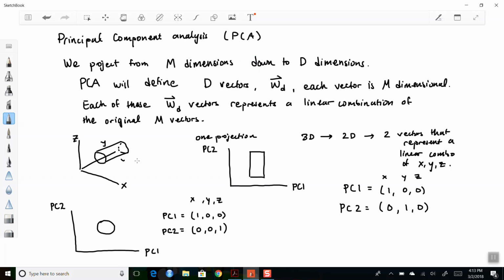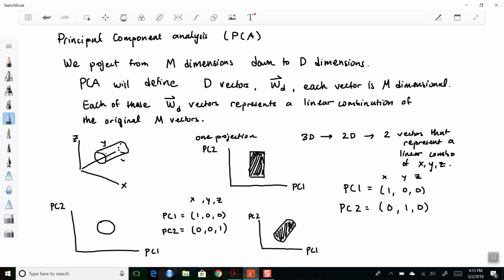Or you could imagine the light being moved somewhere else, and then you get a shadow that looks like this, right? So this shadow is filled in.